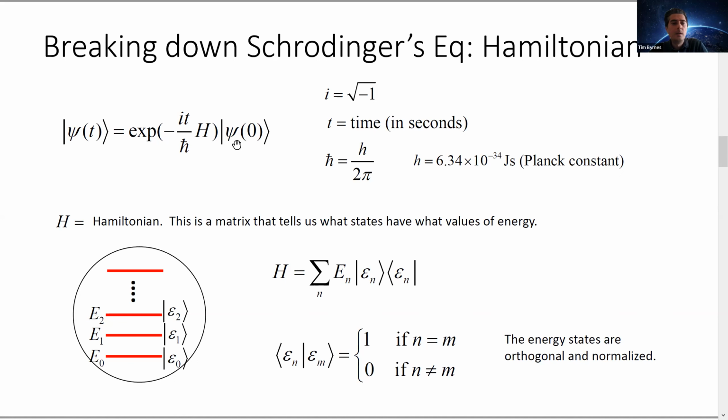The size of the matrix is the same as the dimension of this vector. Say this is a qubit. This vector would be a length 2 vector. In that case, this Hamiltonian is a 2 by 2 matrix.